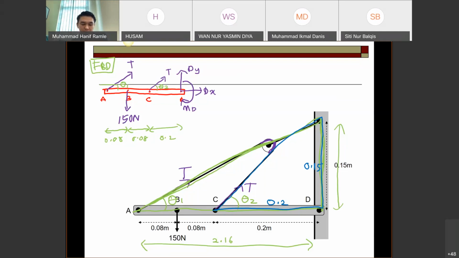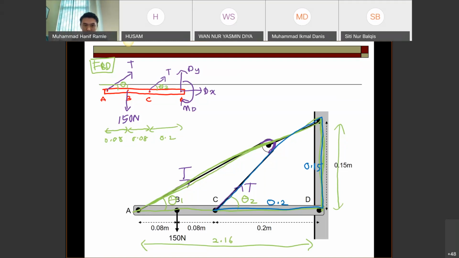Yes, equilibrium. In 2D we have 3 equations: Fx, Fy, and moment. Which one do you want to start first? Fx, Fy, or moment? Okay, moment. Which point do you want to start with? Yeah, of course, D.